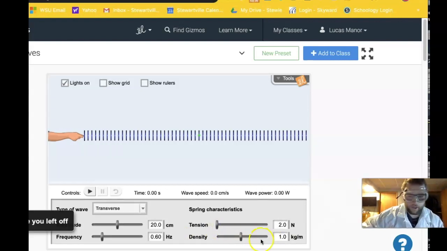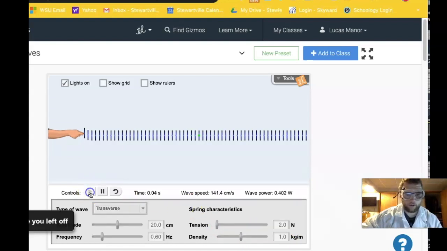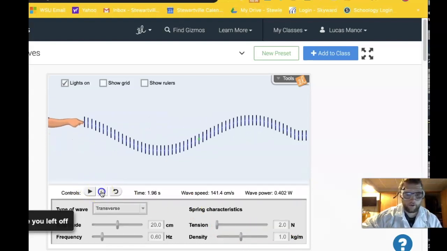And we need our density at 1 kilogram per meter. So we're going to click play. And you can see right here, the wave power is 0.402 watts. Okay. So the power for the very first one is going to be 0.402 watts.